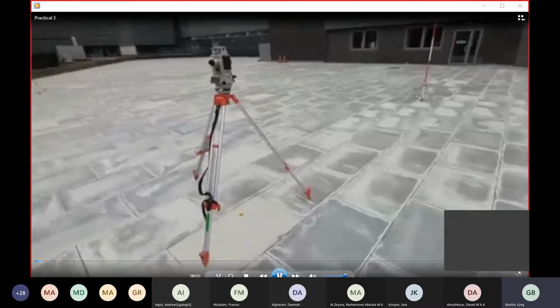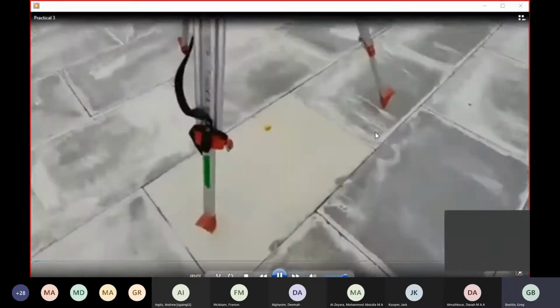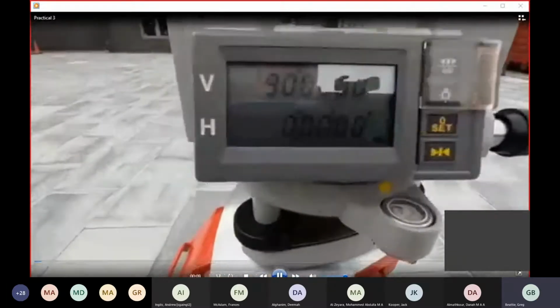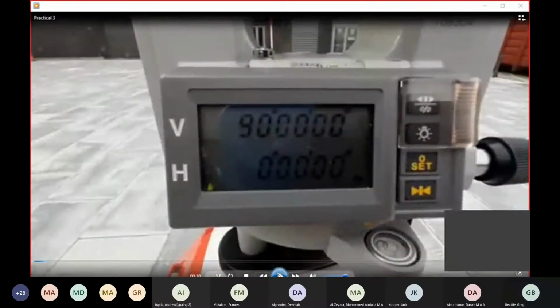What we have here is a point on the ground. We've marked 5 points on the ground, and what you can see is one of those.